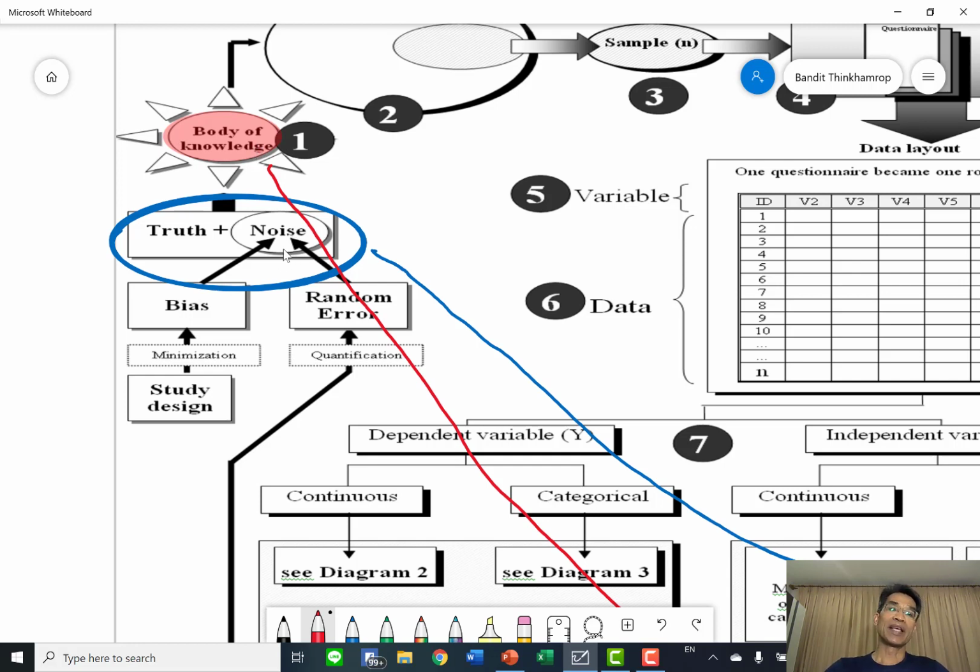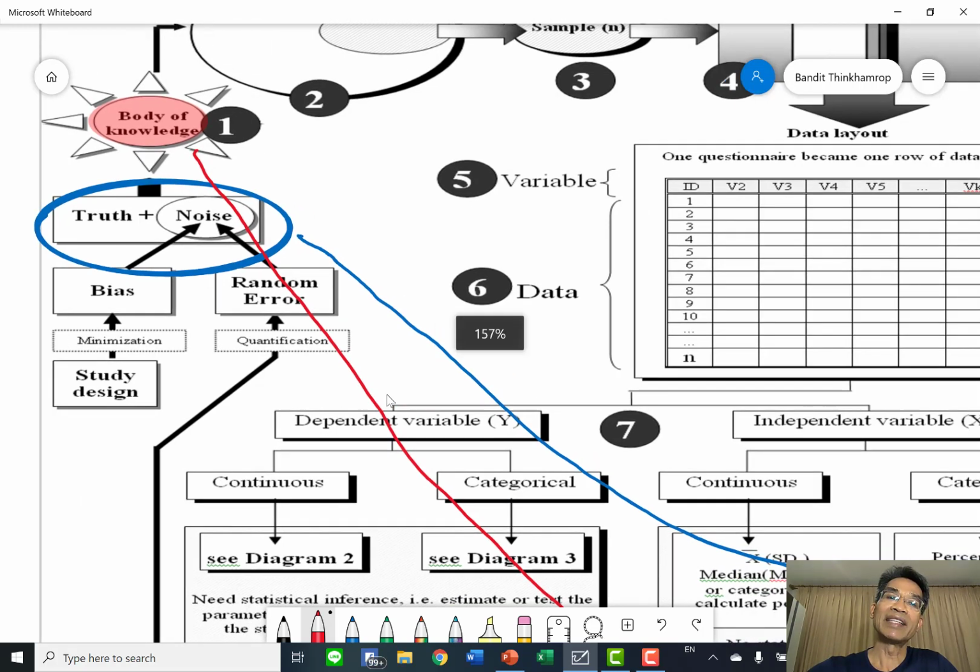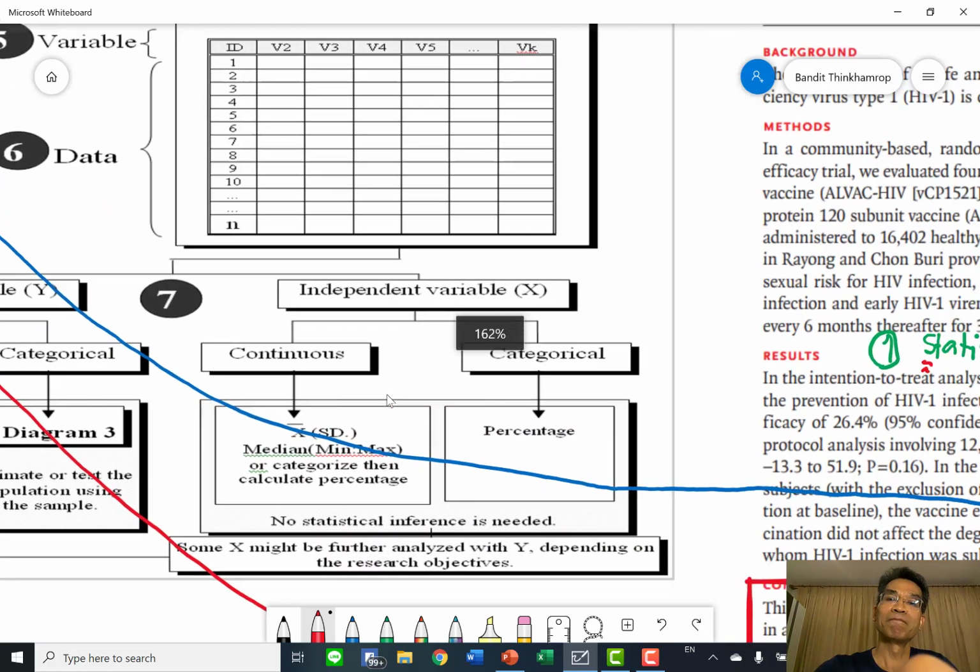Now, in more details, we will discuss how bias could occur in that paper. Or here, it quantifies the random error for what? For judgment. Now take a look at this.